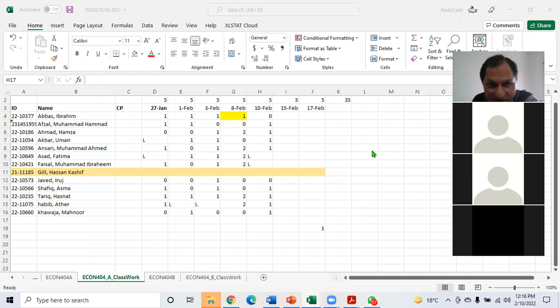Asma is here and Mahnur is not appearing here. Yes, sir, present. Who? Sir, I am present, Athar Habib, sir. Athar Habib, your present is marked, don't worry. Okay, I'm just asking that Mahnur Khwaja is not appearing here, but in the previous meeting, she was there. So I just marked one attendance for her.